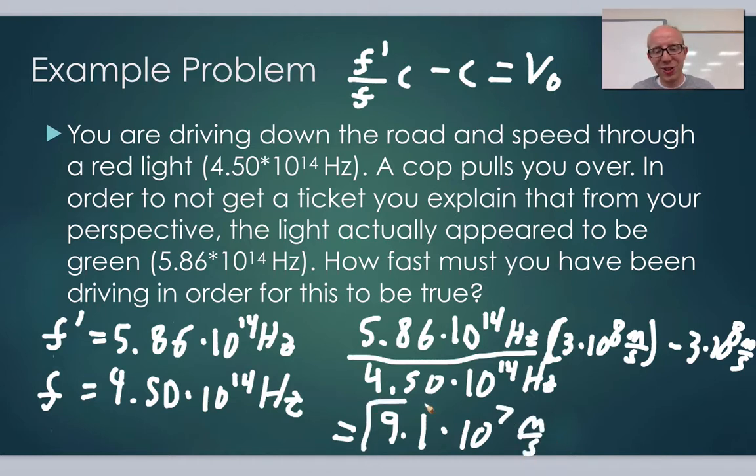So that's about 90 billion meters per second is what's required to be seeing that light as green. So pretty fast. You have a much bigger speeding problem than a running the red light problem if you actually see that as green. But anyway, it's a really fun problem to think about, and also think about how you can manipulate these equations as needed to solve what you're looking for.